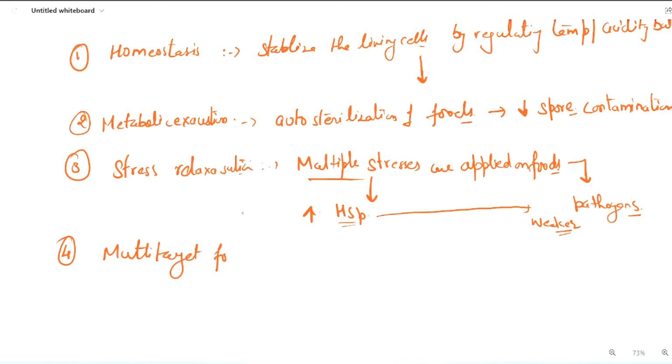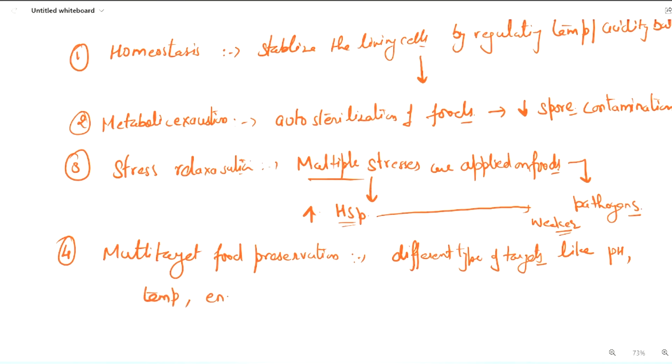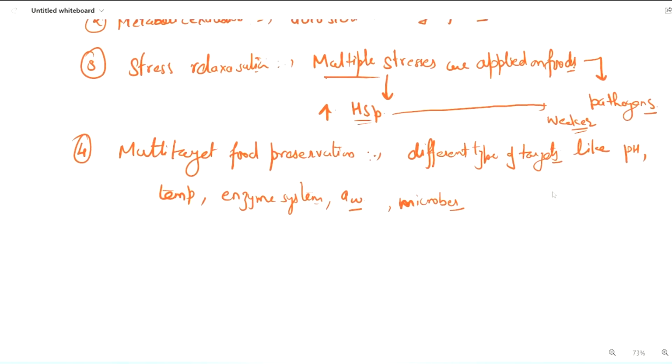Here, different types of targets like pH, temperature, enzyme system, and water activity are used along with microbes, or we can say competitive microbes, and all this multi-target preservation will lead to weaker microbe homeostasis.